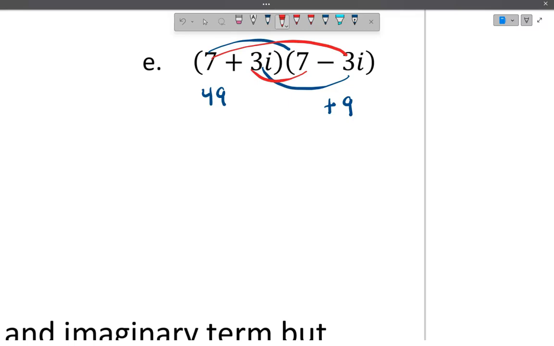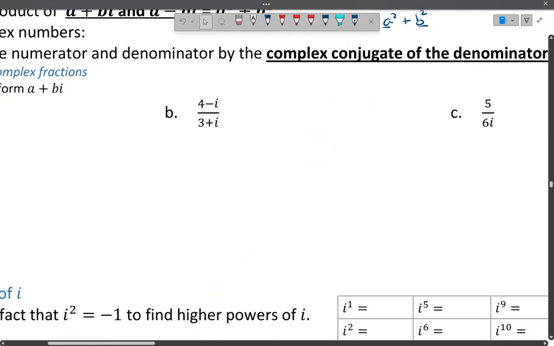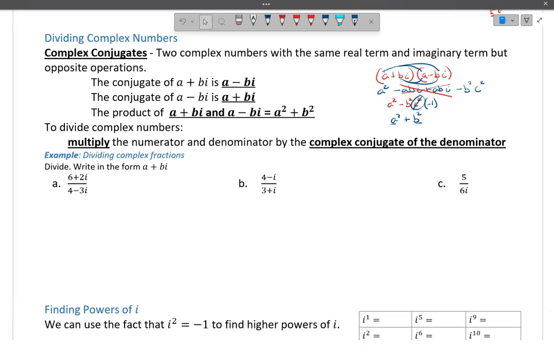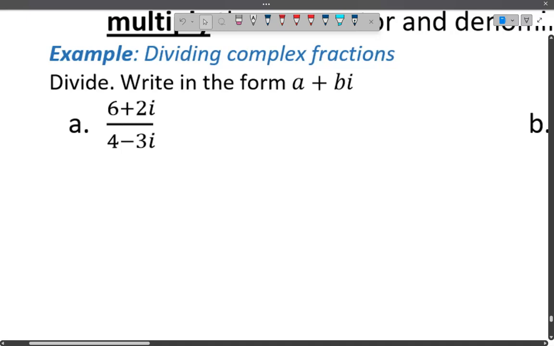So we just had the a term, which was 7, the b value, which was 3. We had 7 squared plus 3 squared ends up equaling 58. And so that's how we're going to simplify and divide these complex numbers, by multiplying by the complex conjugate of the denominator, just like with our radical expressions.